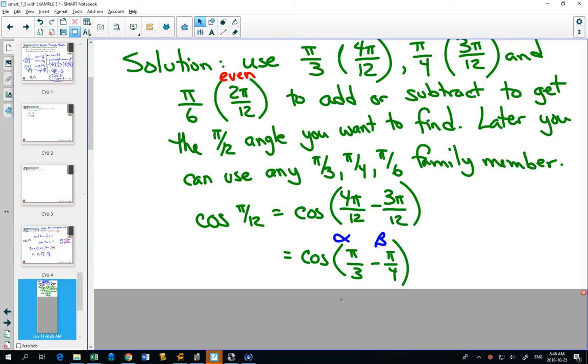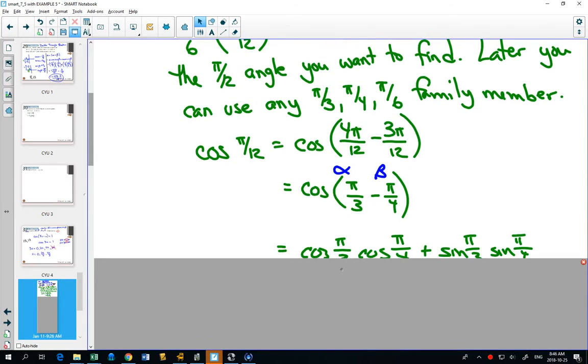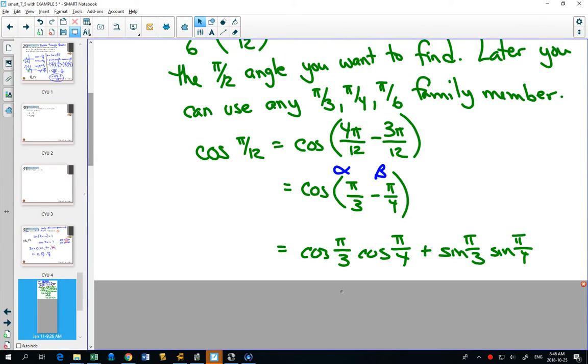But this time we know alpha is pi over 3, and we know beta is pi over 4. So if we take this, which is the left side of one of those formulas, and rewrite it as the right side of one of those formulas, every single value is on your unit circle. Our cos formula is cos cos plus sine sine when we have cos of alpha minus beta.